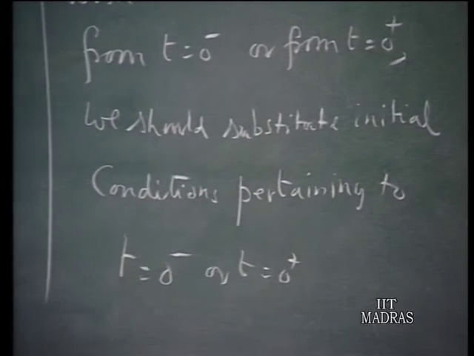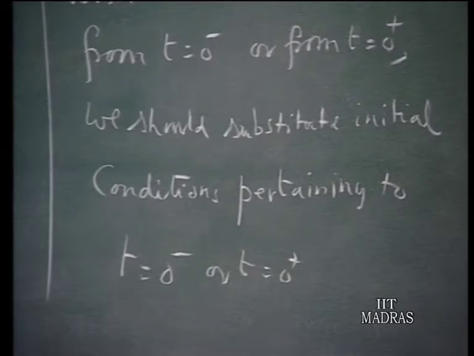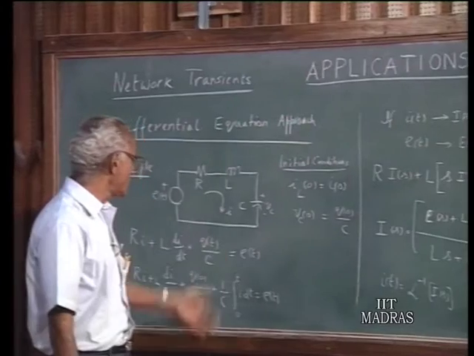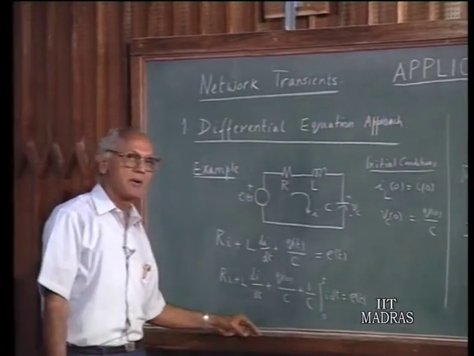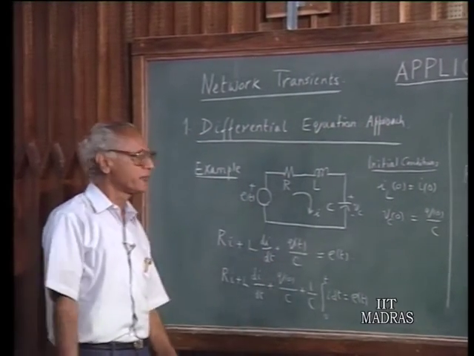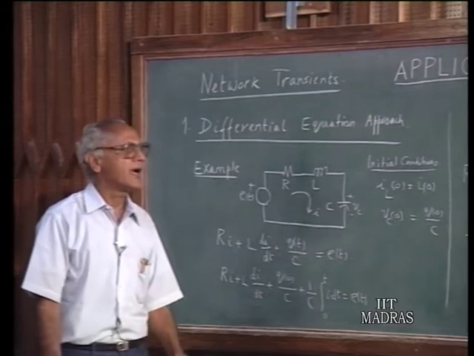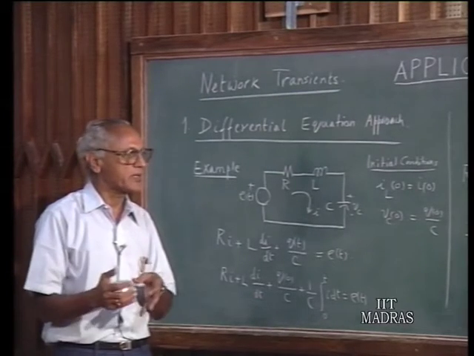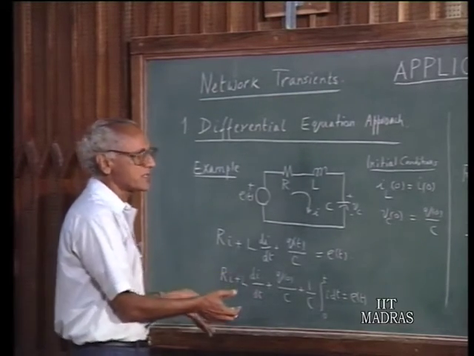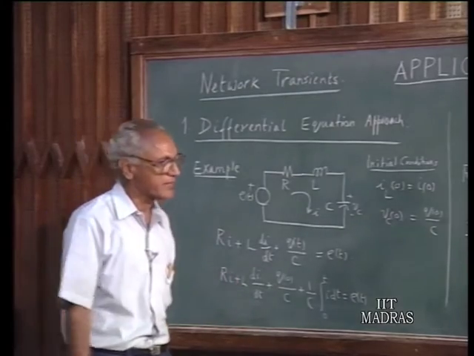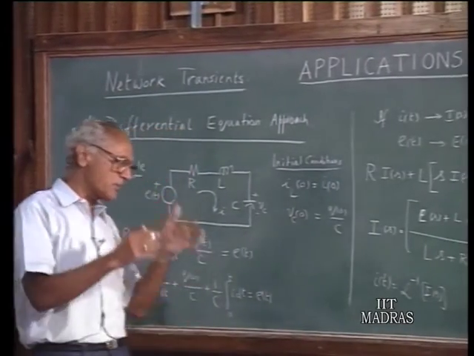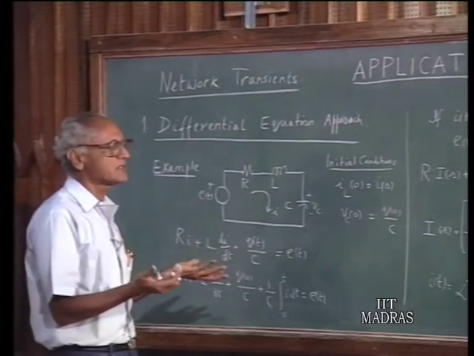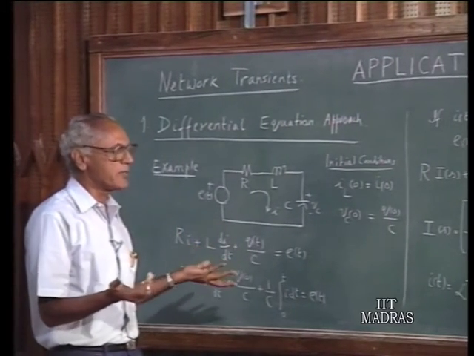Remember, in the classical differential equation approach, we need to find out the conditions at t equals 0 plus in order to solve this differential equation. But here we do not have to do that. If you know the 0 minus conditions, and if 0 plus conditions are different from that, you need to substitute only 0 minus conditions, and the complete solution is obtained. If 0 minus conditions and 0 plus conditions are one and the same, it does not matter whichever you substitute, it makes no difference.